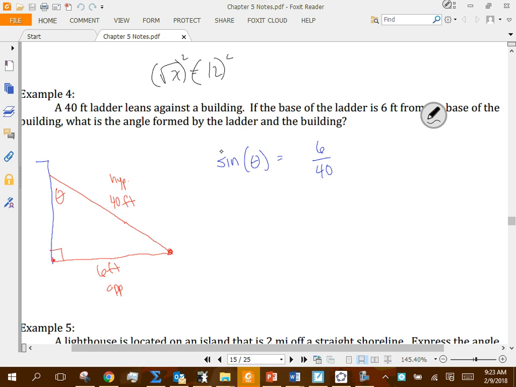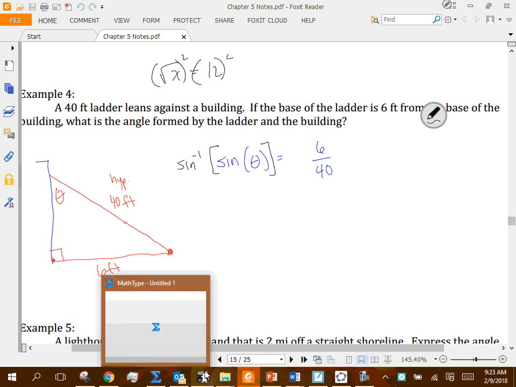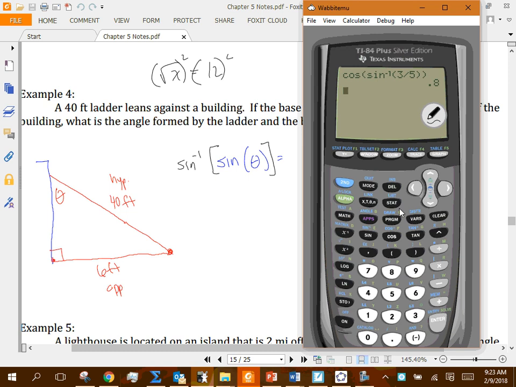We need inverses. So I'm going to inverse the left-hand side. So I take sine inverse. Now, just kind of thinking here, let's just prove something to you. If I take sine inverse of sine of, now I'm just going to use a first quadrant angle, let's say 30 degrees.